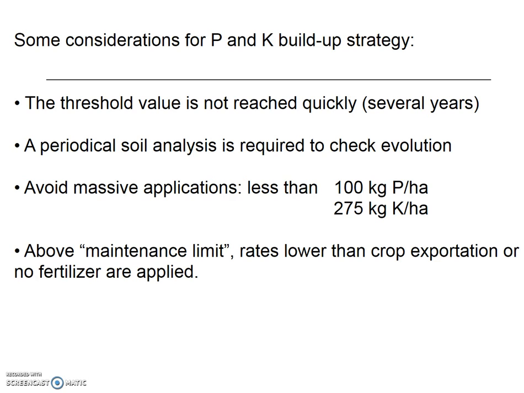to check the evolution. In any case, when using the equations, we have to avoid massive applications of phosphorus or potassium. In general, we consider that we should never exceed 100 kilograms of phosphorus per hectare per year, or 275 kilograms of potassium per hectare per year.